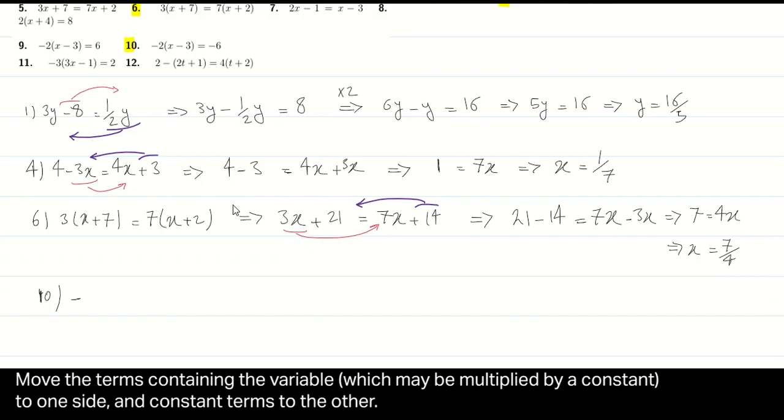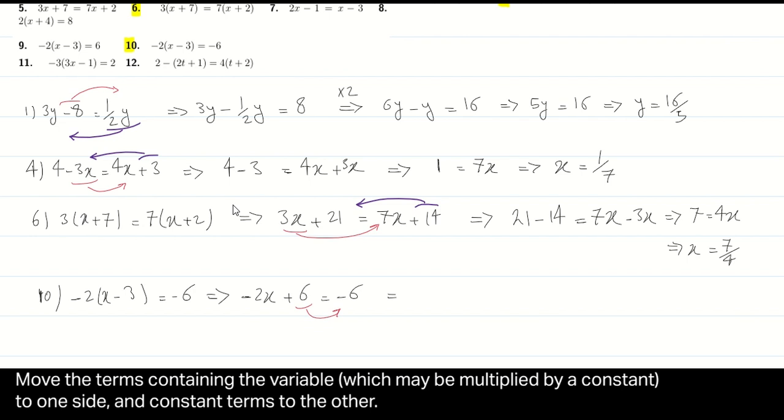We have negative 2 times x minus 3 is equal to negative 6. As I told you on the previous question, we have to first expand the bracket. So it's going to be negative 2x plus 6 is equal to negative 6. Now I have one variable on the left-hand side, so I'm just going to move the constant to the right-hand side.